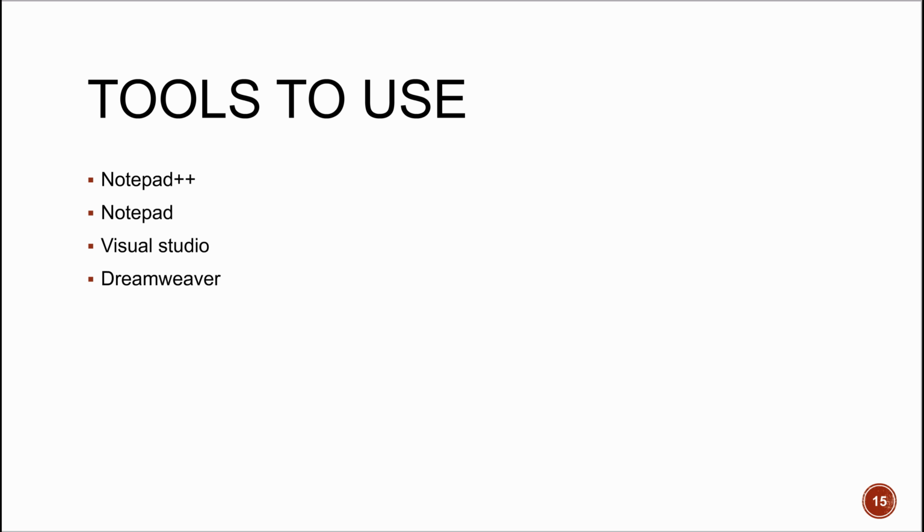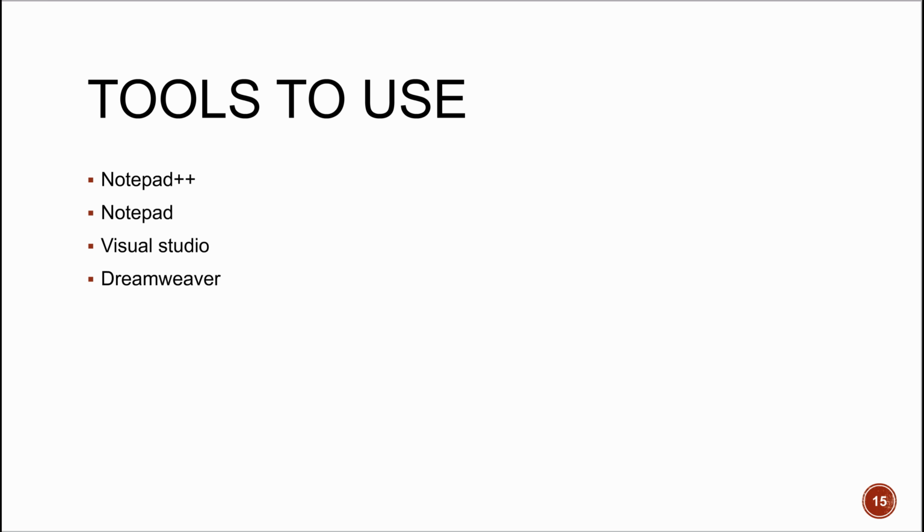Now, what do you use to design a website? We're going to start very simple. Notepad++ is one very good one. You can just Google Notepad++ and download it, and there you go. You have one editor. The reason why Notepad++ is good is because it has color codes, so you can give different codes different colors to differentiate what they represent.